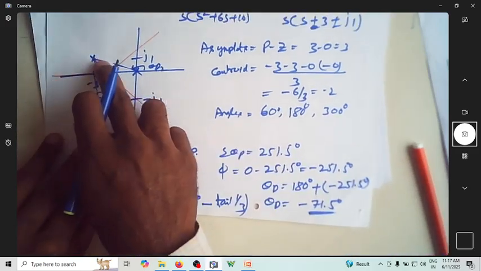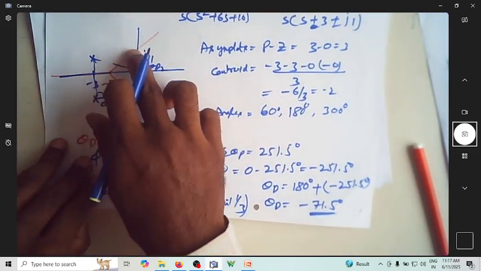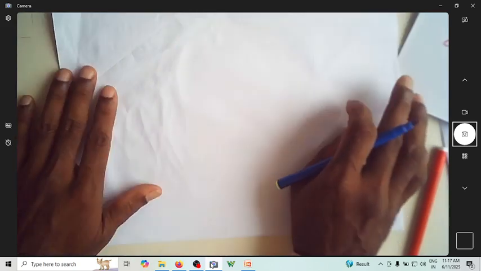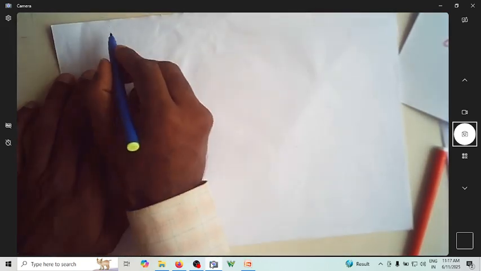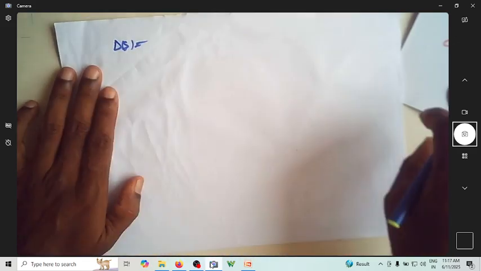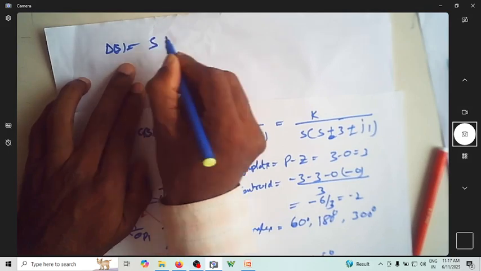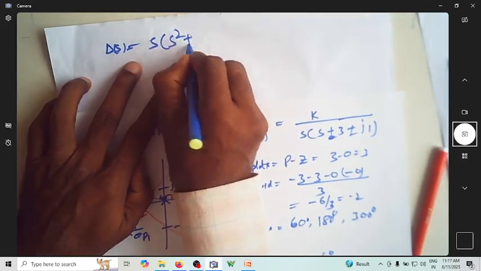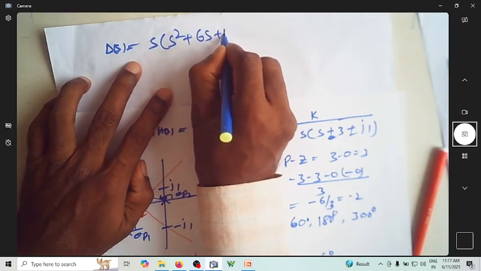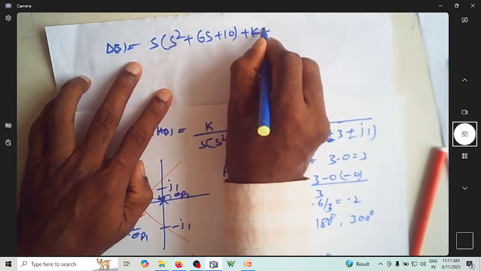Let us also find at what point it intersects the imaginary axis. For that we need to write the Routh array. The characteristic equation is s into s square plus 6s plus 10 plus K equal to 0.